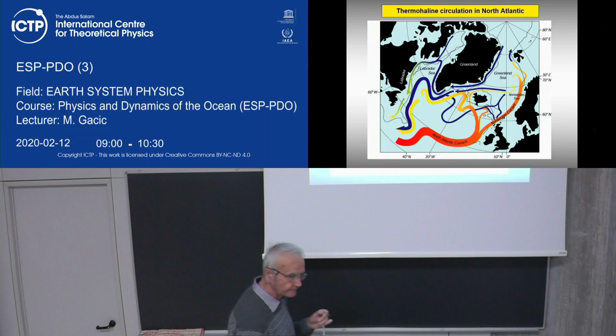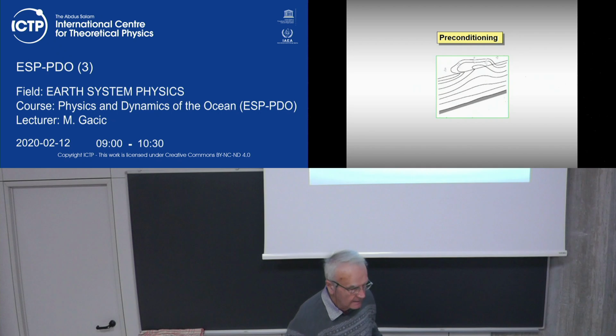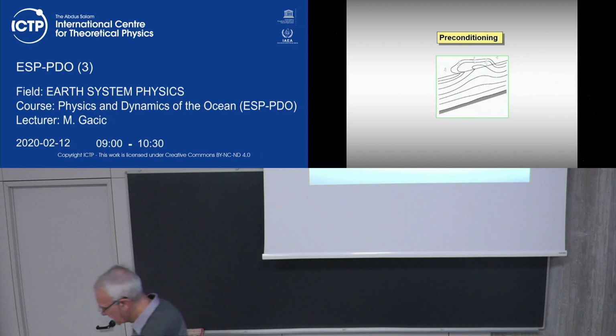So let's look at this process of dense water formation, of the vertical mixing. Let's look at the description of this process, how it looks and why it appears in a specific place and not in any other place, the dense water formation, because we do have sea surface heat loss or strong evaporation in a number of places in the world ocean.